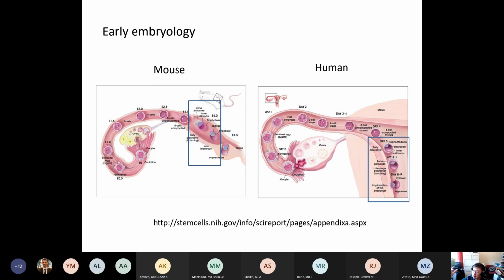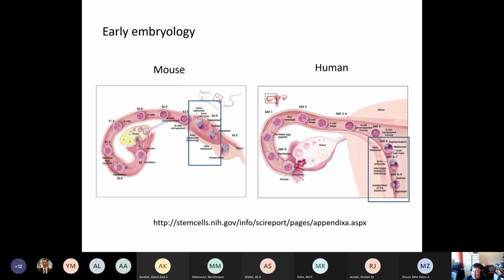By looking at that illustration, you can conclude that there is no change of the cell size. At the beginning, you have a big oocyte, but until the cells become the 8-cell compacted embryo, you don't see any increase of that ball. It's still the same size, but cell number keeps on increasing.